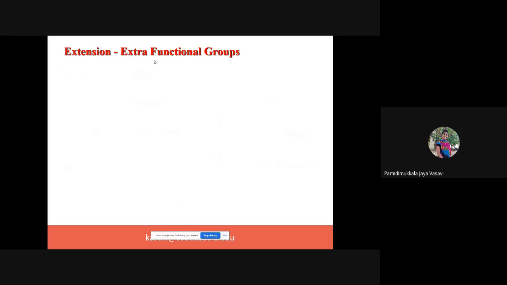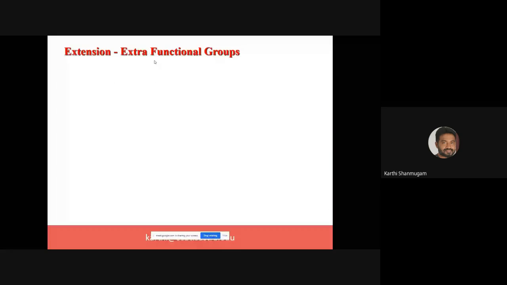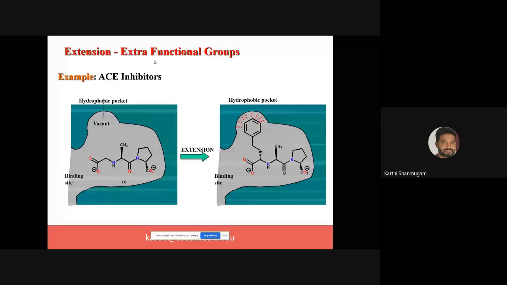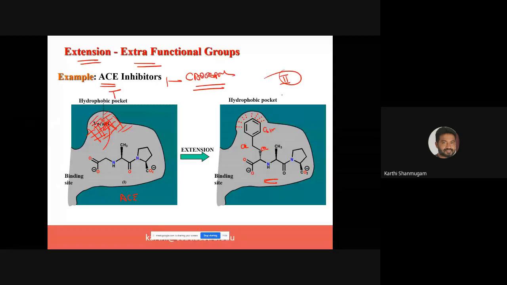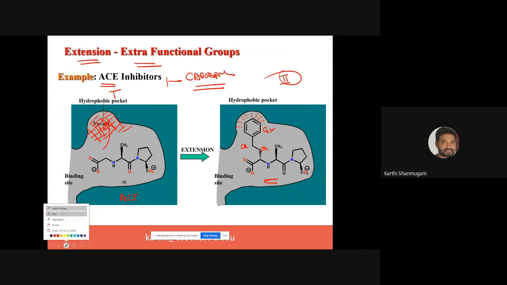What is the name of the functional group added, sir? We cannot name it so simply; we can name the functional group in different ways. Anyway, I'll give the answer. The extra functional group added here is CH2, CH2 and C6H5.